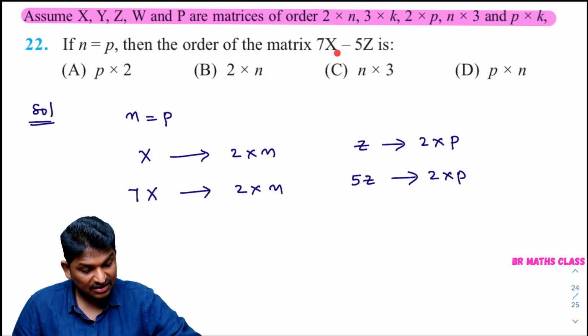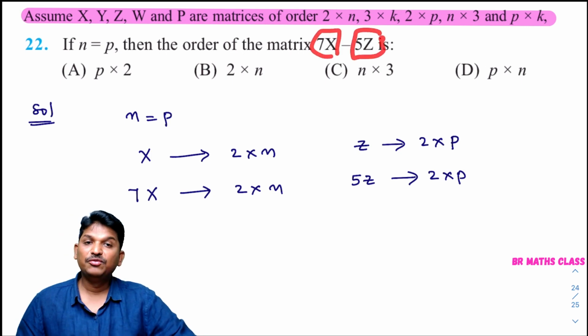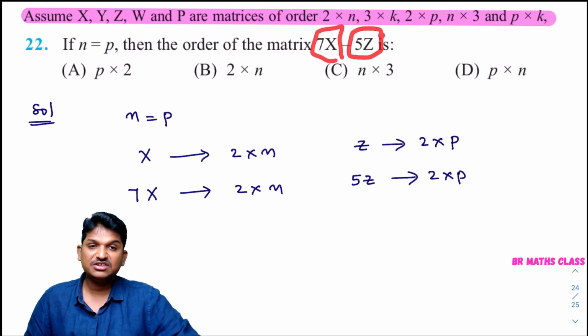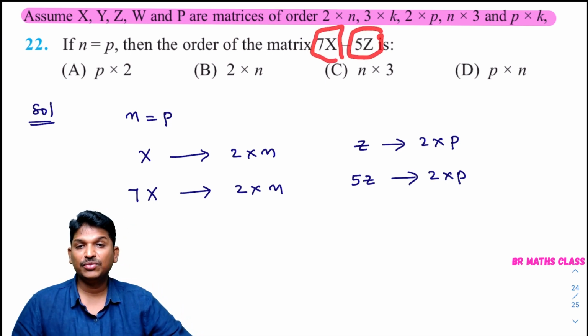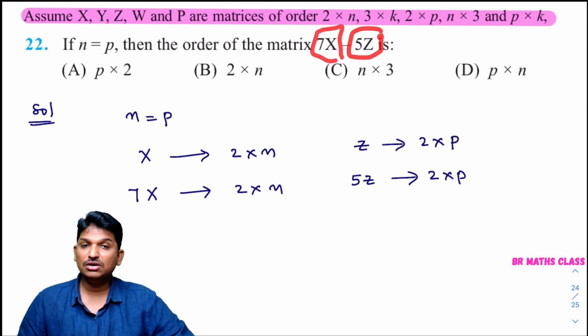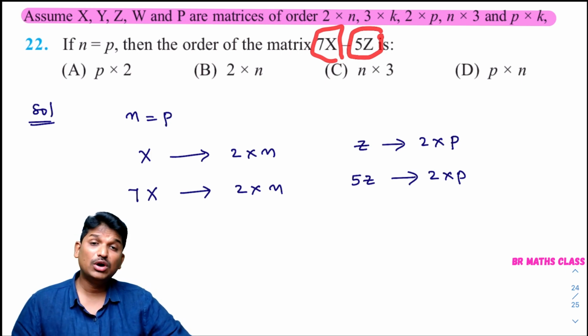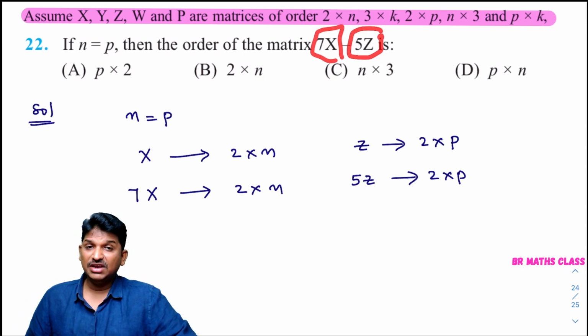Now what they are asking is subtraction. When can we subtract two matrices? To subtract two matrices, the matrices must be of the same order. So 7X minus 5Z must be of the same order. What they are asking is the order of 7X minus 5Z.